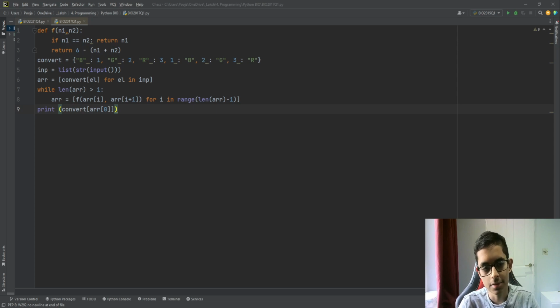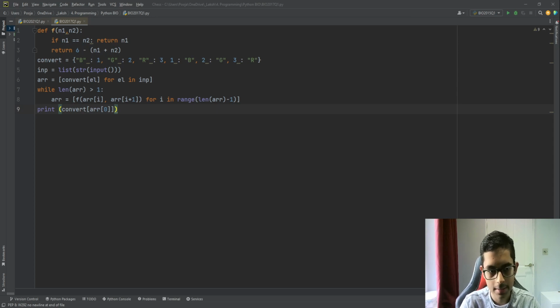That would get very messy, but this one line of code, 6 minus (n1 plus n2), does it very quickly. That's the heart of the logic, since this function converts any two numbers into their next number. All we need to do is do that for every pair inside one line, then do that for the next line, and so on.